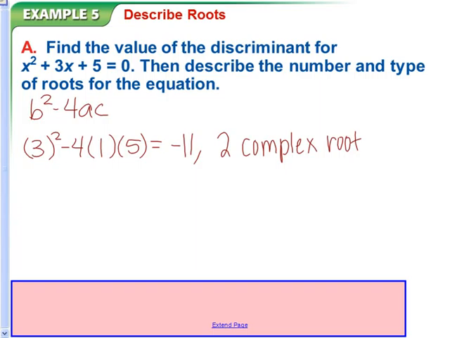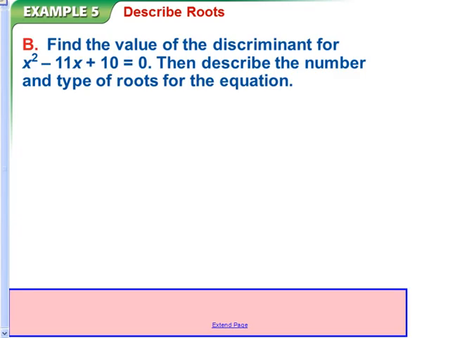And then the last problem for the day. Another discriminant, so b squared minus 4ac. Put in -11, 1, and 10.